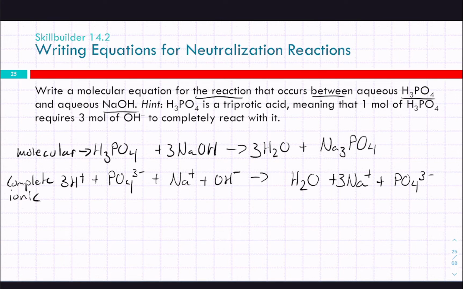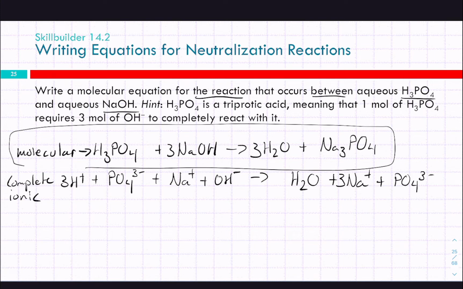And now if we look at hydrogen, this is 3 times 2, so 6 hydrogens in the products, 3 times the hydrogens in hydroxide, and then 3 from phosphate. So that would be the answer for this.